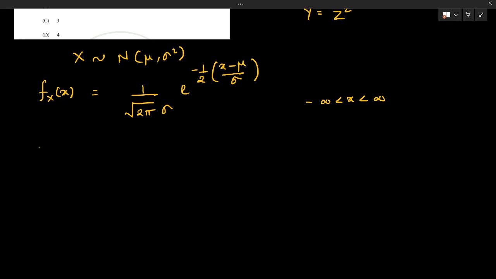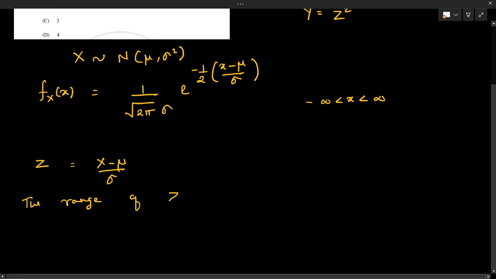Now what do we have? We have z equal to (x minus mu) by sigma. First of all, let's find the range of z. The range of z is minus infinity to plus infinity.